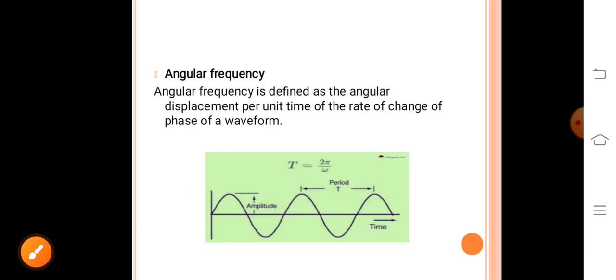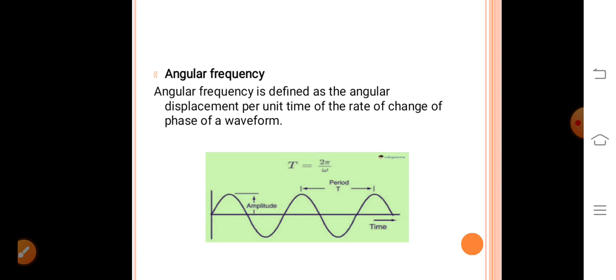Next is the angular frequency. The angular frequency is defined as the angular displacement per unit time, or the rate of change of phase of a waveform. When the phase of a waveform changes, the angular displacement per unit time also changes.